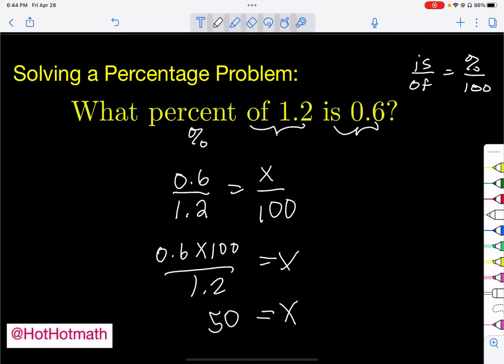So that is 50. And this is the only one where, when you write your final answer, when the percent is missing, it should have a percent symbol. So that's where the percent is missing.